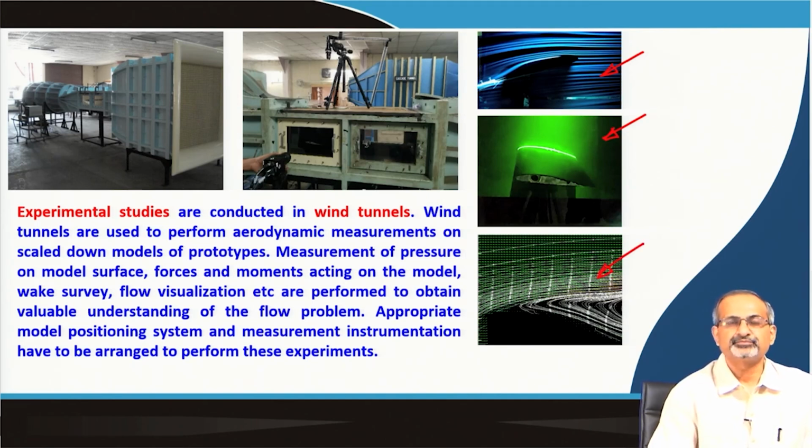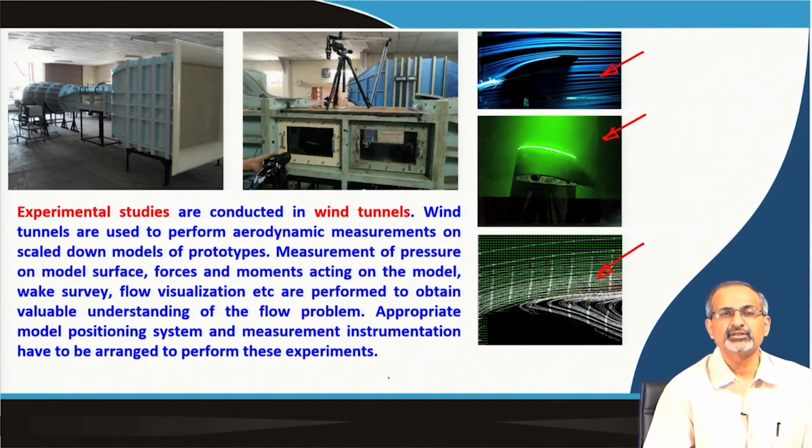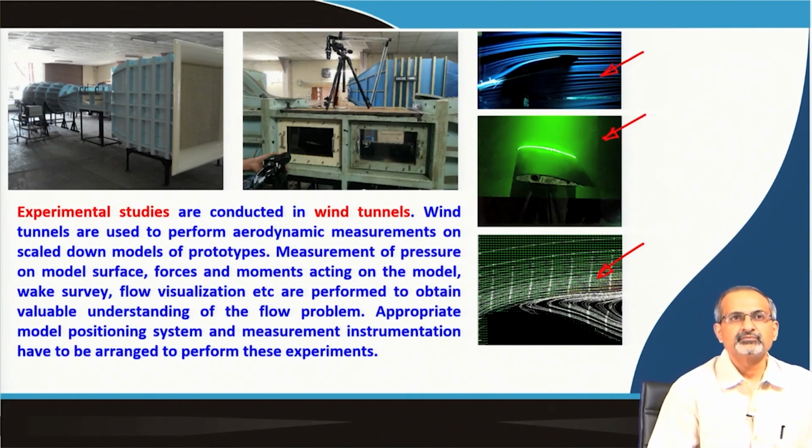So, you have this kind of quantitative information now emerging using the particle image velocimetry system. Of course, for doing these experiments we need suitable model positioning system, measurement instrumentation, etc., which we have discussed in earlier lectures.